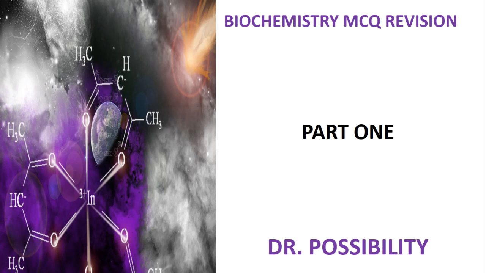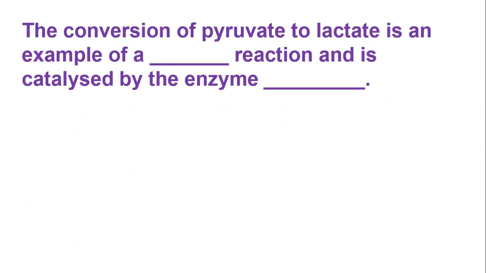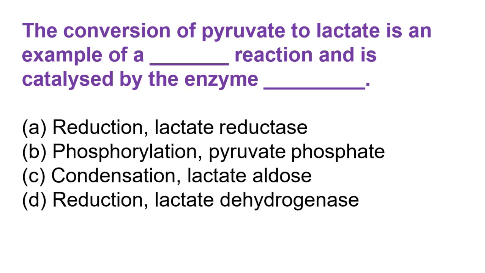In this tutorial, I'm just going to do part 1 of Biochemistry MCQ revision. Let's quickly look at number 1. The first question is, the conversion of pyruvate to lactate is an example of a dash reaction and is catalyzed by the enzyme dash.